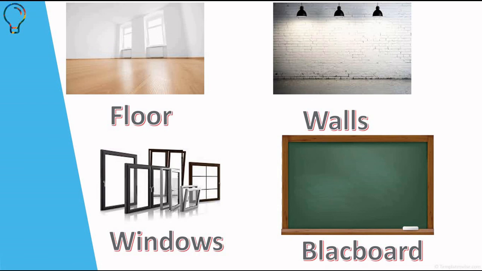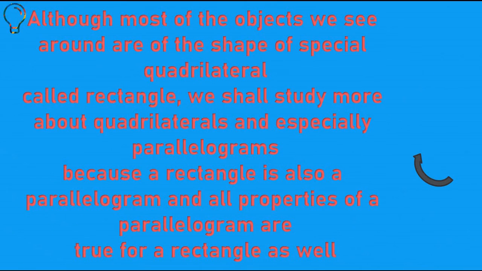It would take centuries if I were to name all the quadrilaterals present in this world, or even in your room. So we are learning about quadrilaterals because they are in almost every part of the world where you live. Most of the objects we see around us are of the shape of a quadrilateral called a rectangle, as you can see here.